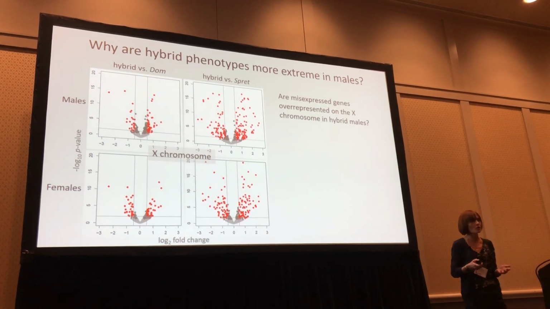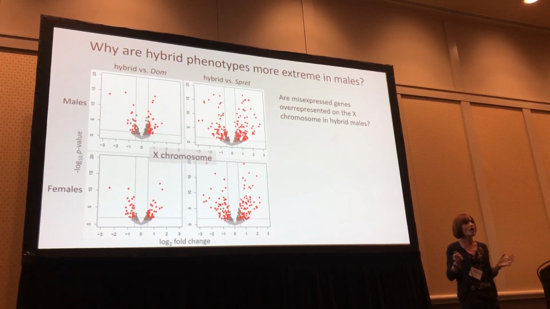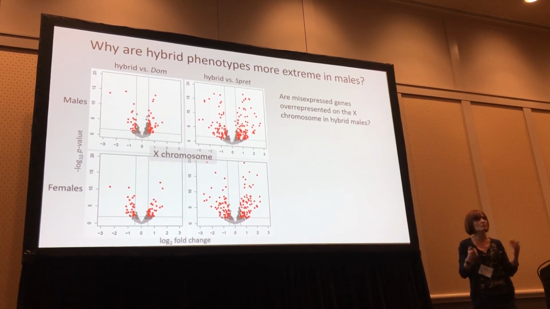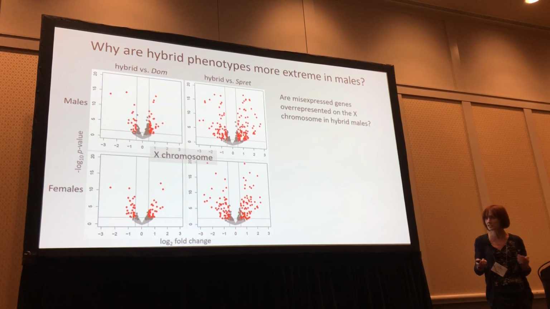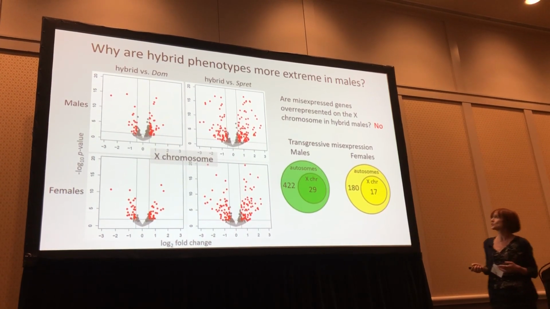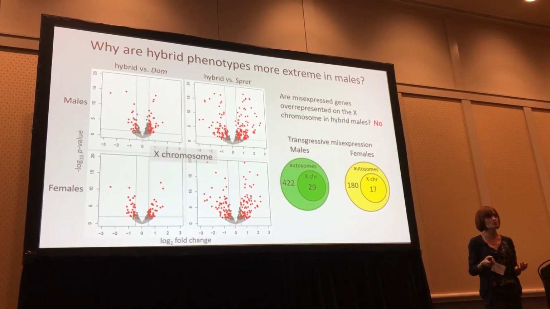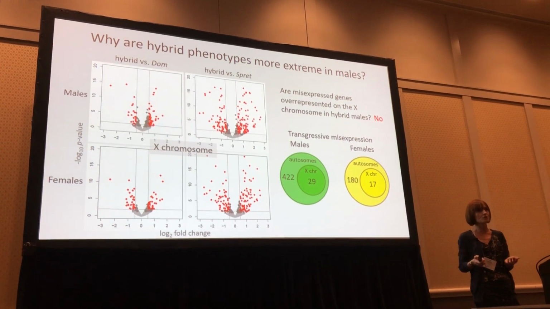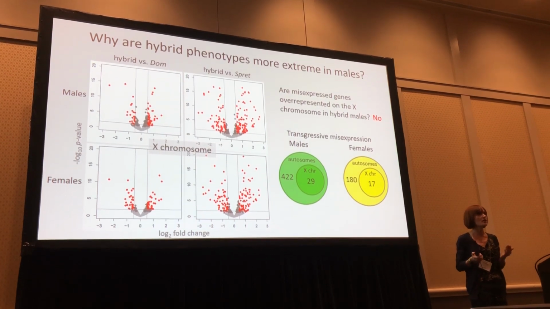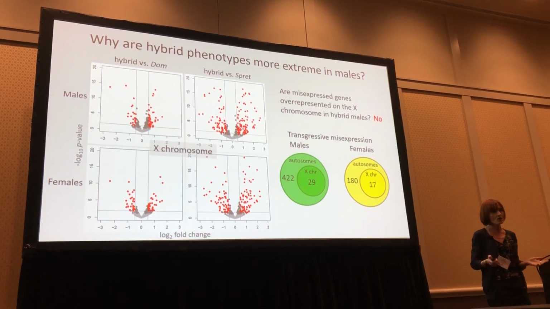The only point I want to make here is that there's no obvious pattern of a big difference between males and females, or up or down regulation on the X. In fact, if we ask whether X chromosome genes that are misexpressed are overrepresented on the male X relative to the autosomes, the answer is no.